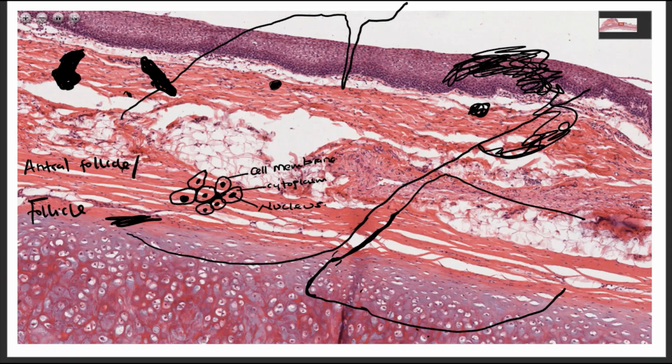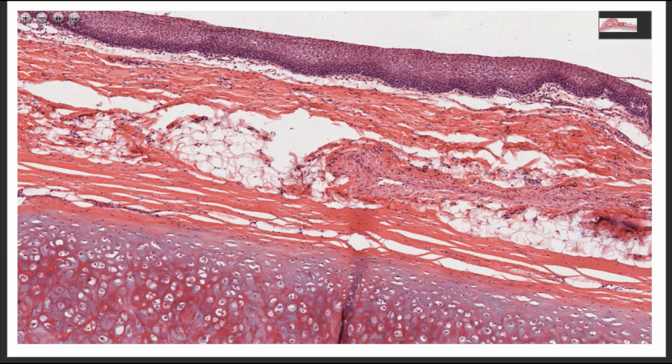This is at low power. When you look at it at high power, this is how it appears. You can see here that this is stratified squamous epithelium, non-keratinized. It doesn't have keratin. And then underneath it, you see there are muscles here. These are just bundles of smooth muscles.